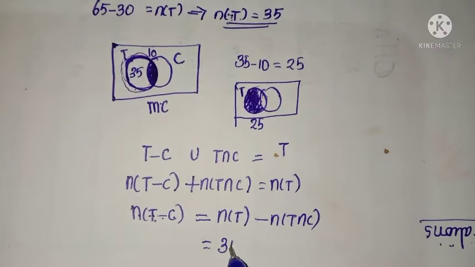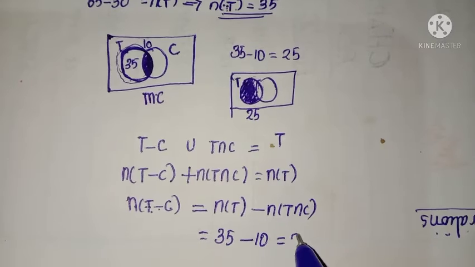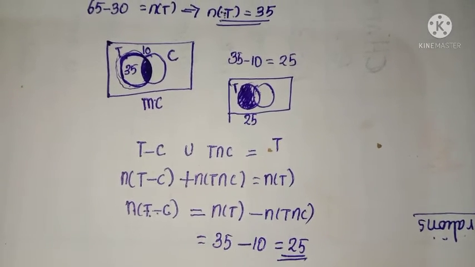Here n of T is 35, n of T intersection C is 10, and therefore the answer is 25.